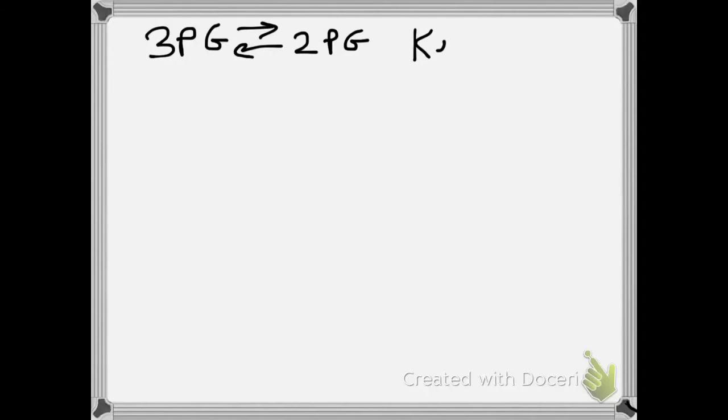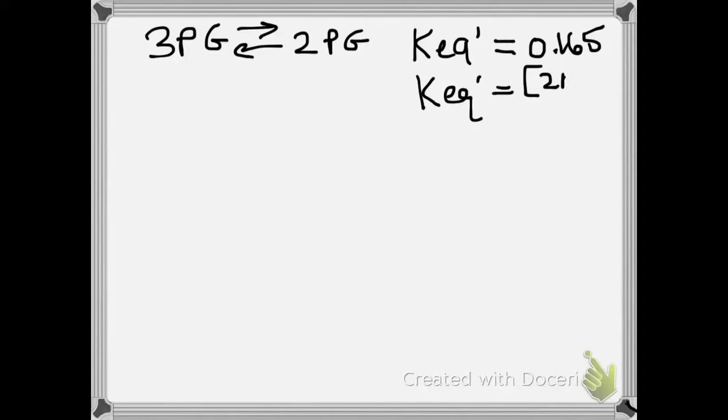The equilibrium constant for the reaction as drawn is 0.165. Now, remember the equilibrium constant K is the concentration of the products divided by the concentration of reactants. So those are some of the numbers that we already know going into this problem.